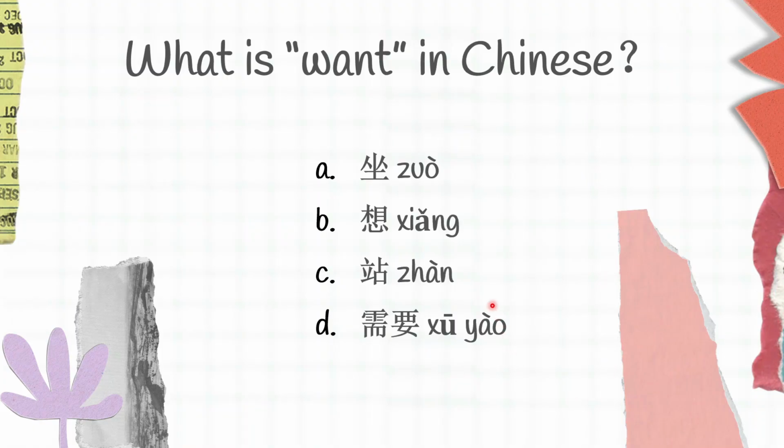The first question, what is want in Chinese? We have A, 坐, B, 想, C, 站, and D, 需要.